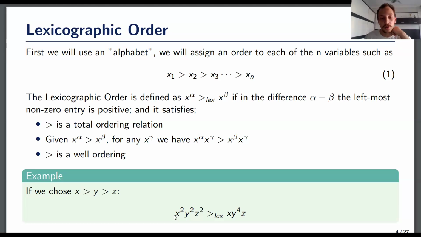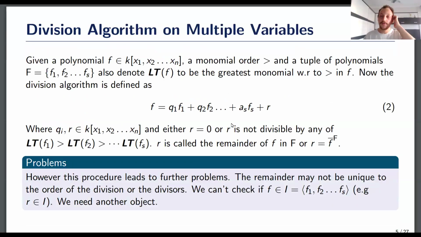For example, look at these two monomials. The first one has x squared, the second one has x. If we choose x is greater than y is greater than z, then the first monomial is greater than the second one. So when we have a monomial order, a lexicographic order, we have a division algorithm. It is defined as follows.